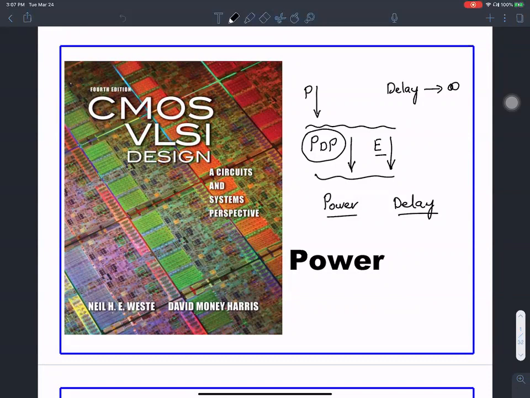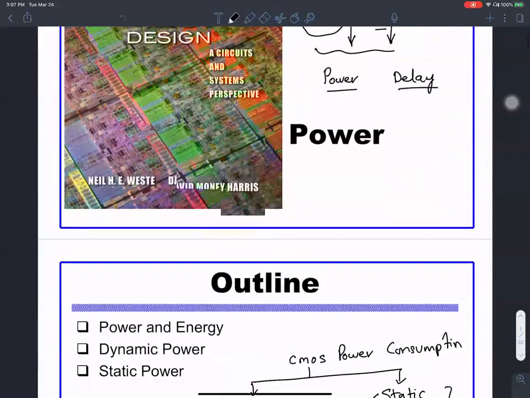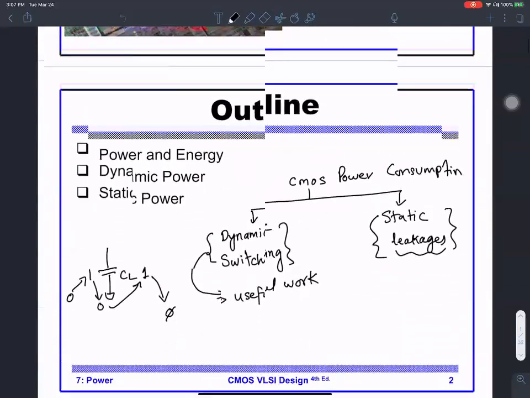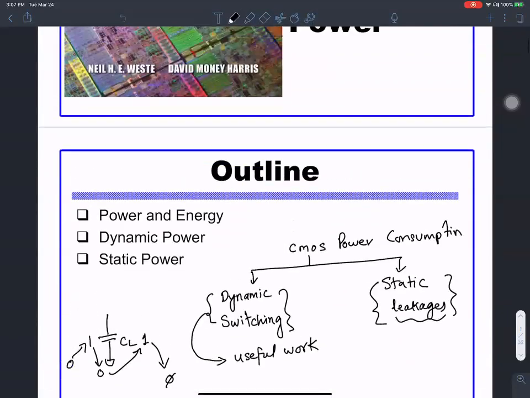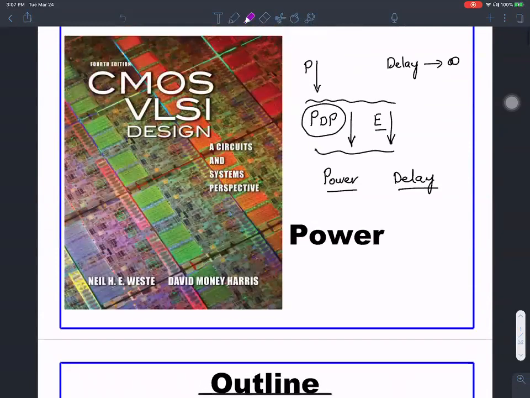Now Brandon is going to keep an eye on the chat window so I can concentrate on my screen. We started looking at power in the last class. I mentioned that power in isolation, or energy or delay in isolation, are not good factors to optimize.